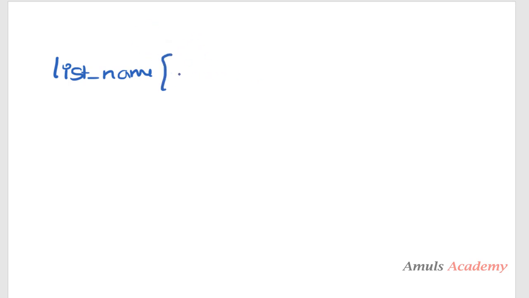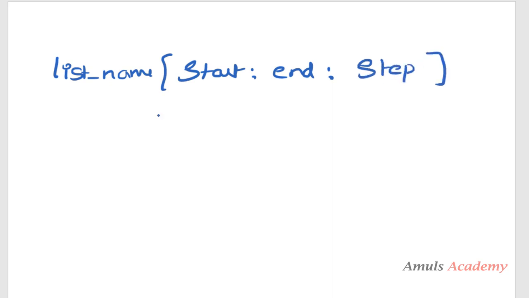Next, you need to mention the start, from where you need to start, and end, where you need to end, and this is the step. And here end is exclusive. The return output of this slicing operation is a list. This operation will return a list. So this is the basic information about the slicing operation.